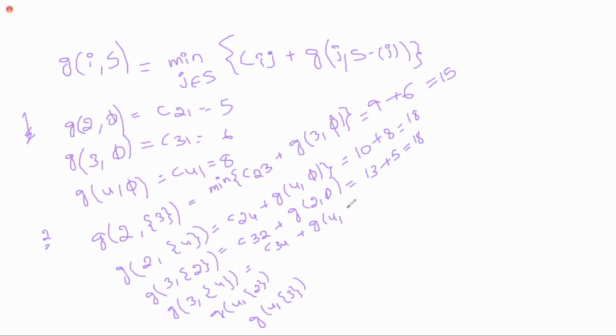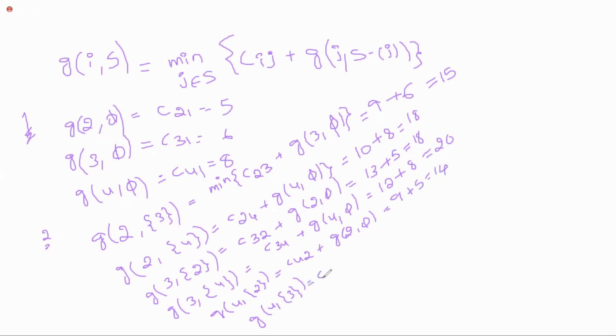What is C34? 12. 12 plus 8, which is equal to 20. Next, C42 plus G of 2 comma empty. What is C42? 9, ma'am. 9 plus 5, which is equal to 14.